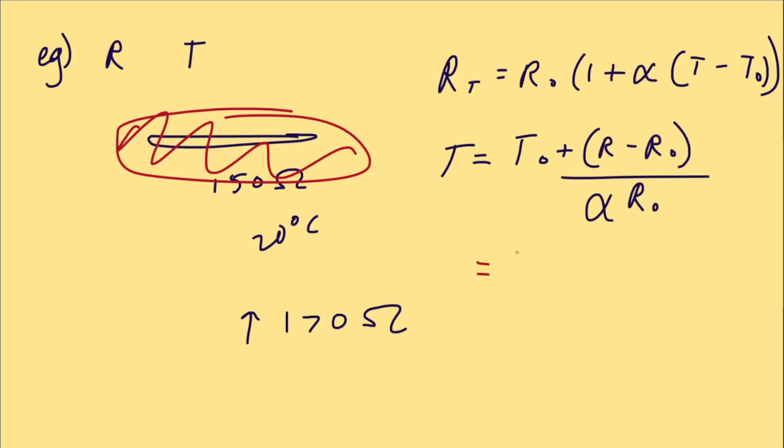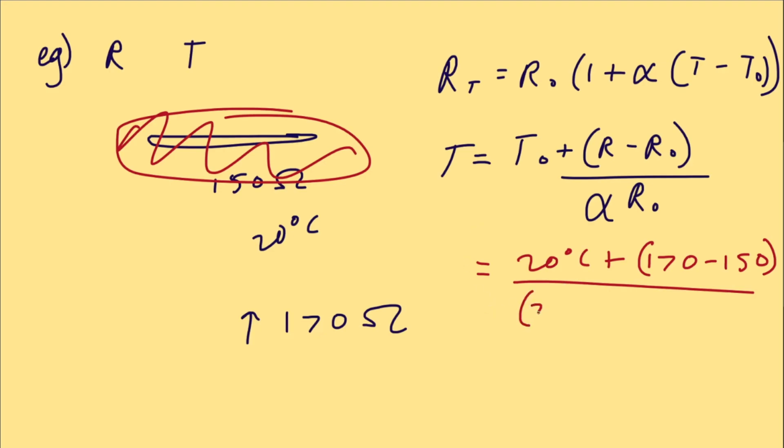If we plug in our values, so our original temperature being 20 degrees Celsius and our change in resistance being that, dividing it by the temperature coefficient of our platinum wire, which is 3.9 times 10 to the power of negative 3, multiplied by the original resistance, 150, we get an answer of roughly 54.2 degrees Celsius.